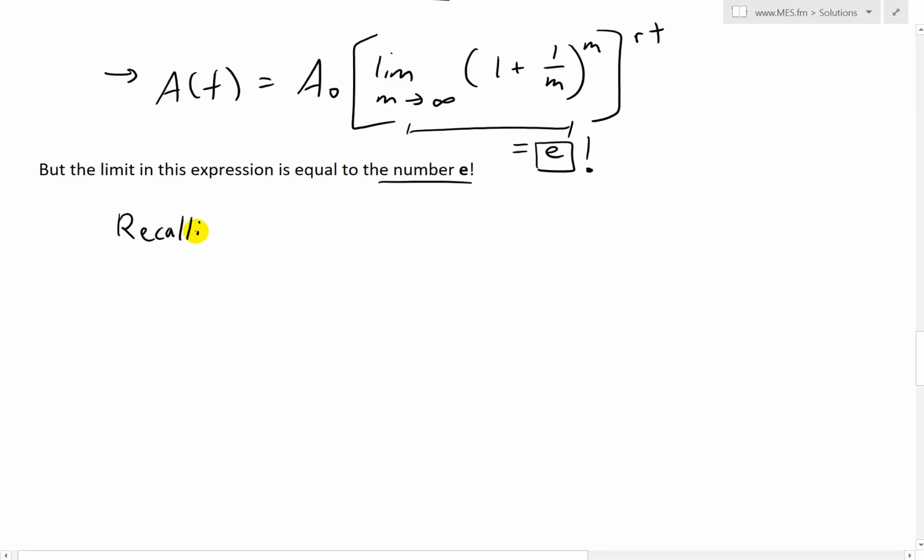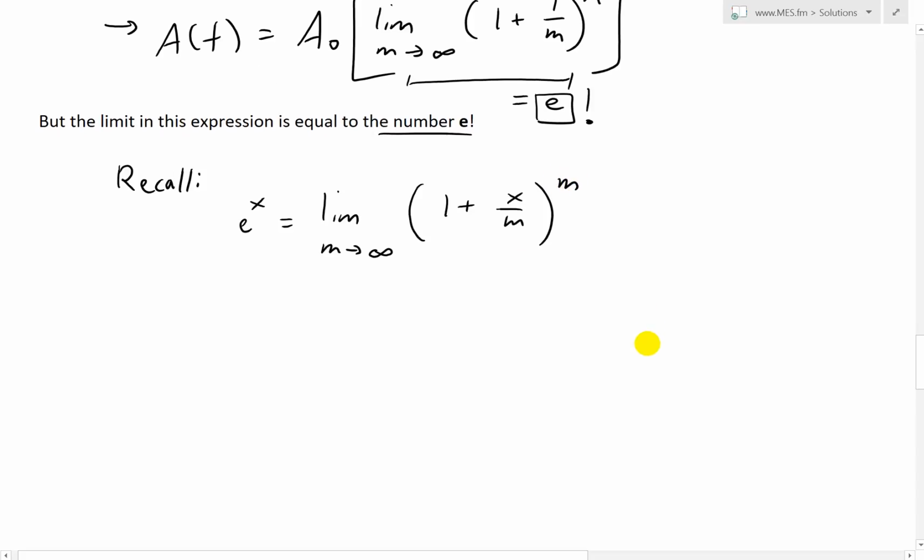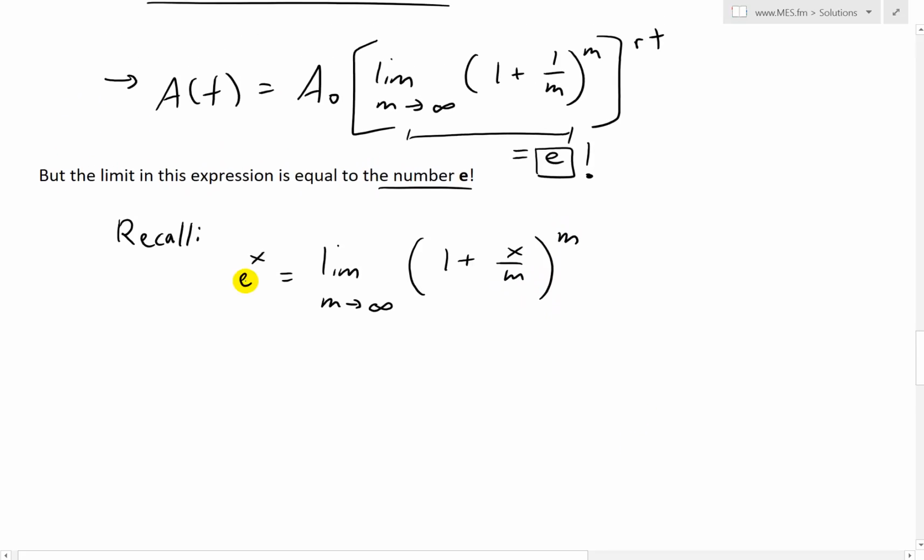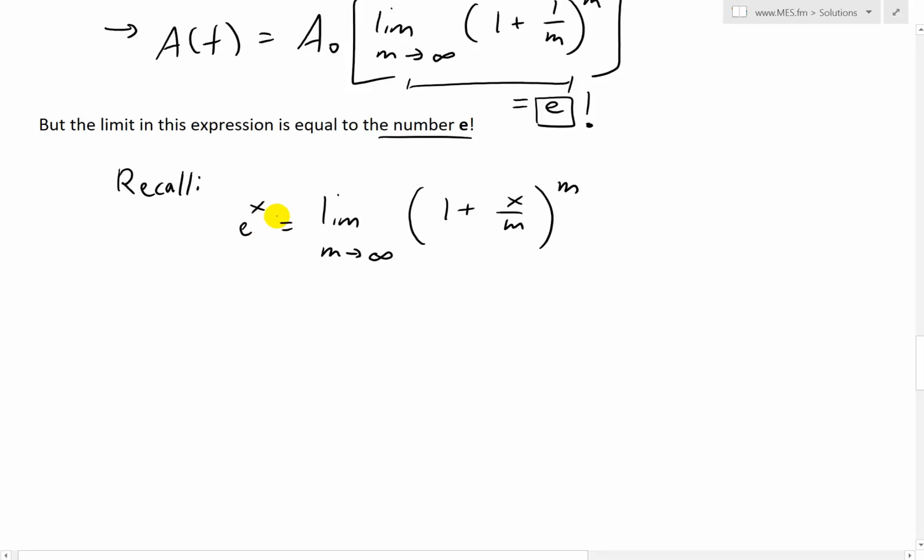So basically, recall from my earlier video the number e as a limit. This e to the x is equal to the limit as m approaches infinity, and in that video I used n, but here we'll just use m, just a different variable, doesn't make any difference. So 1 plus x over m to the power of m, like that. So that's what e to the x, written as a function, is equal to when written as a limit.